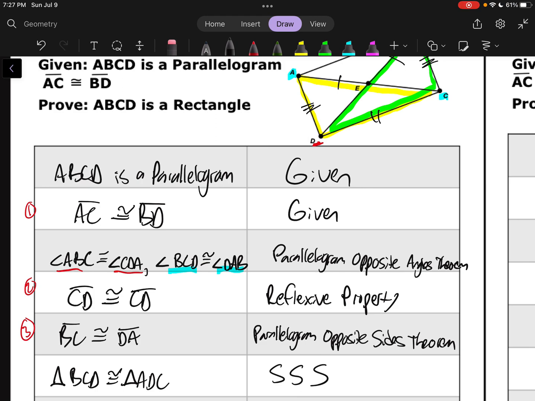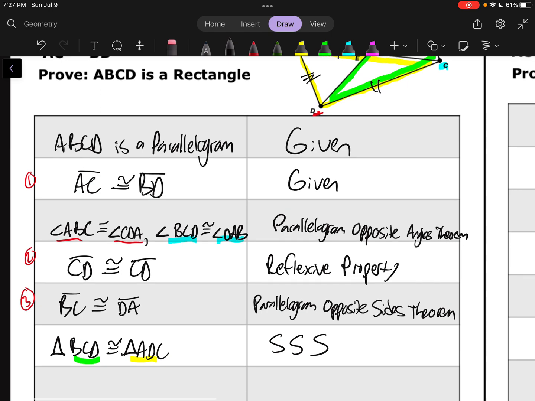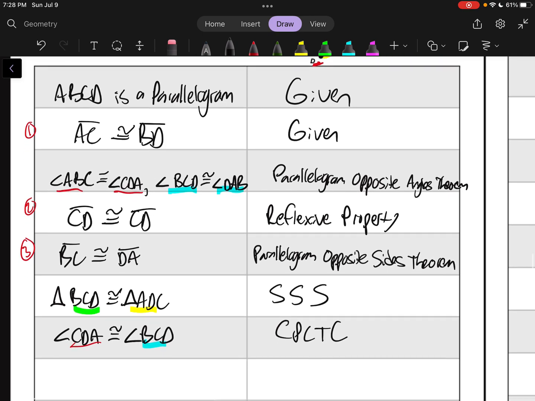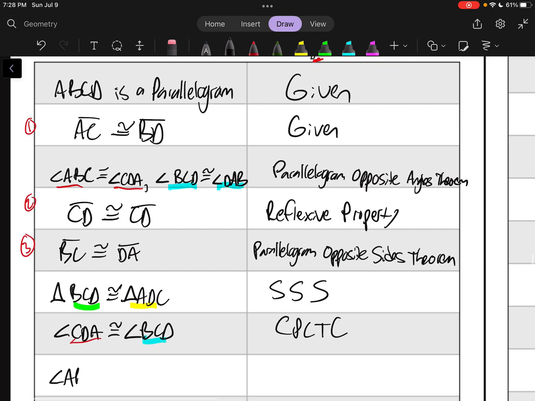And remember, the whole point of us getting yellow triangle congruent to green triangle was to get those angles to be congruent. So angle CDA must be congruent to angle BCD by CPCTC. That CDA was a red angle. That was a blue angle. So now I've got a red congruent to blue, so that means that I can use substitution to say that all four are the same.